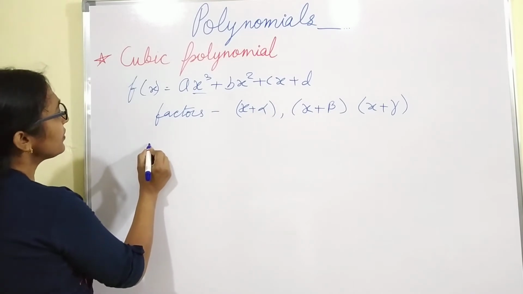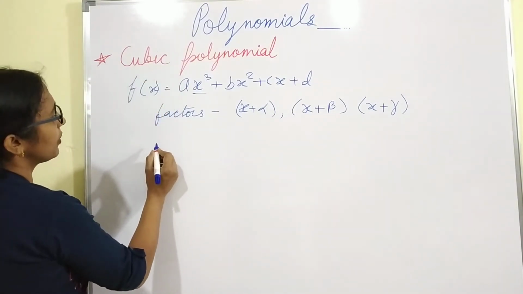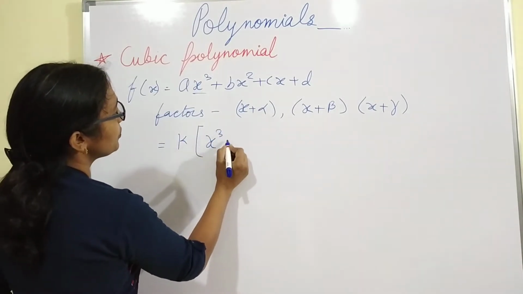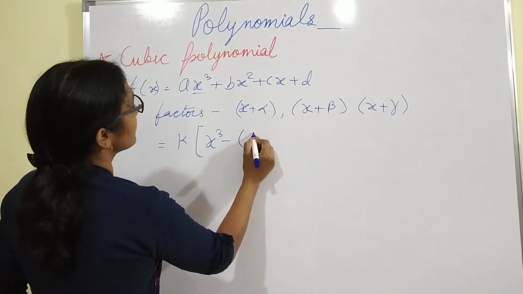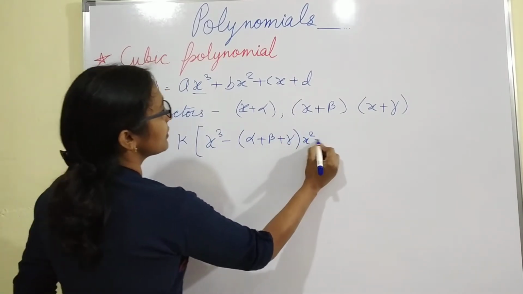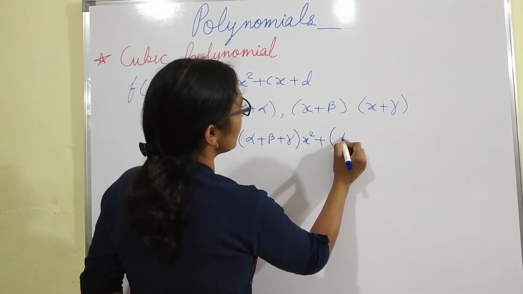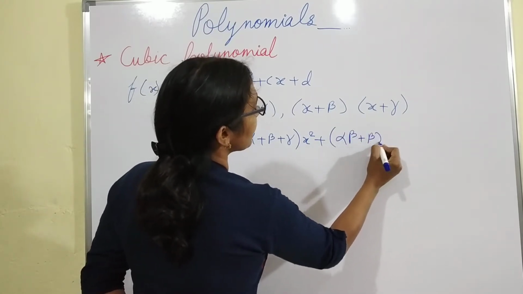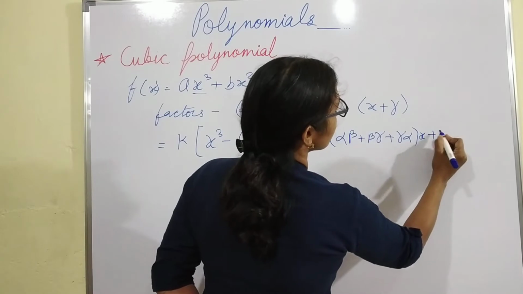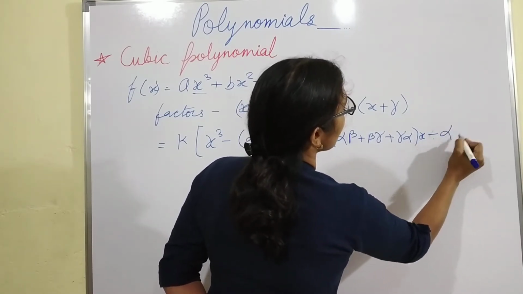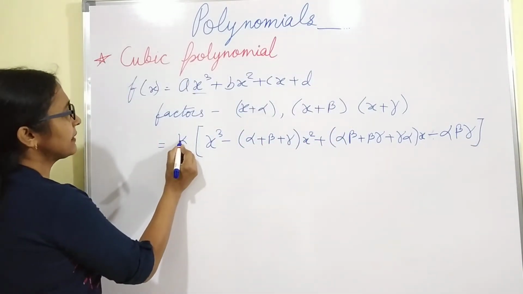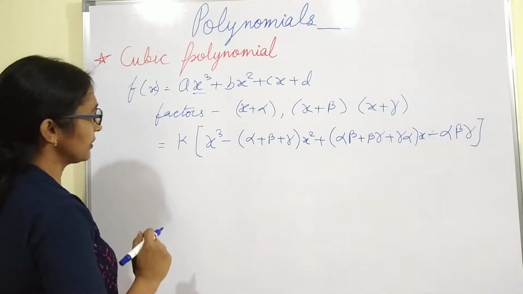And the cubic polynomial will become k times x cube minus (alpha plus beta plus gamma) x square plus (the sum of the products alpha beta plus beta gamma plus gamma alpha) x minus alpha beta gamma, where k is a non-zero real number.